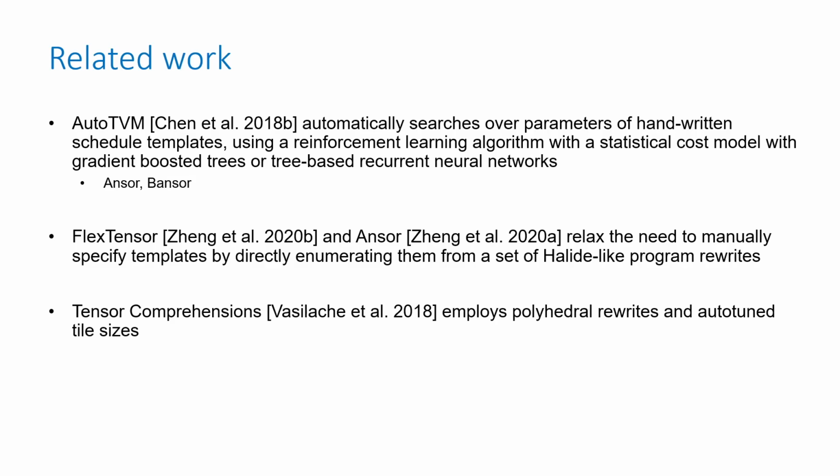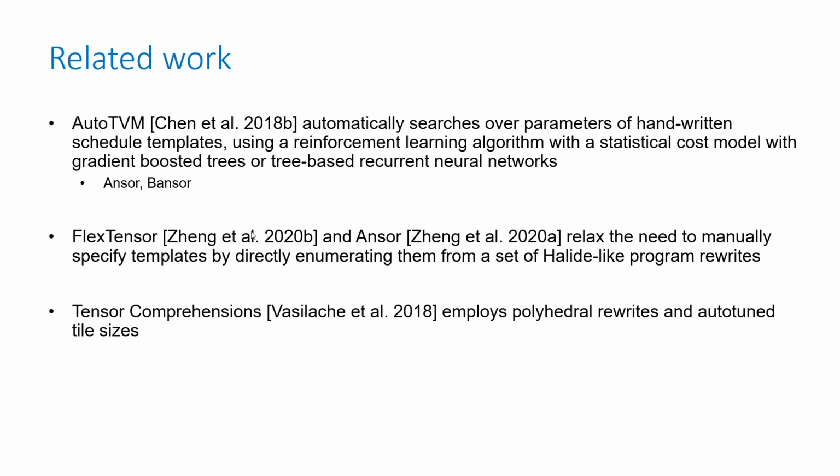And the authors mention that they use a reinforcement learning algorithm for the search and gradient boosted trees. But I understood that AutoTVM doesn't use reinforcement learning. Ansor is the one that uses it, unless they added reinforcement learning to their search in a recent publication. But then there's FlexTensor and Ansor that relax the need to manually specify templates, and they seem to be imitating Halide in this one.